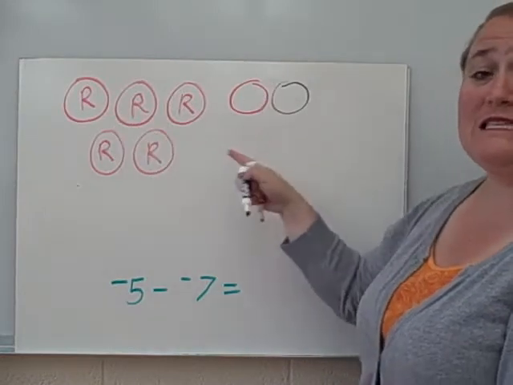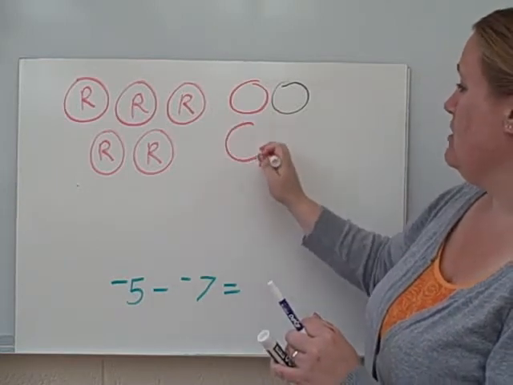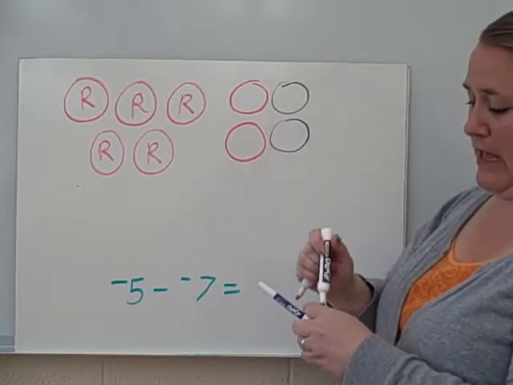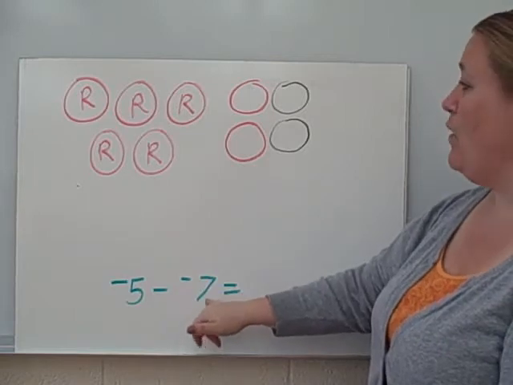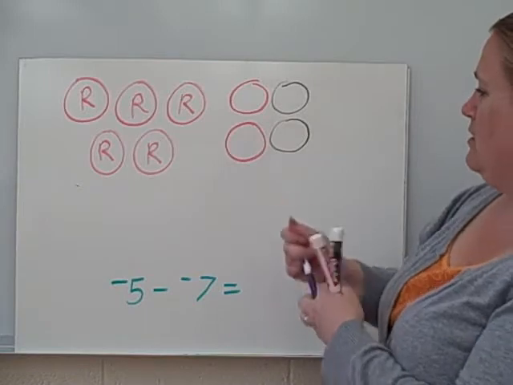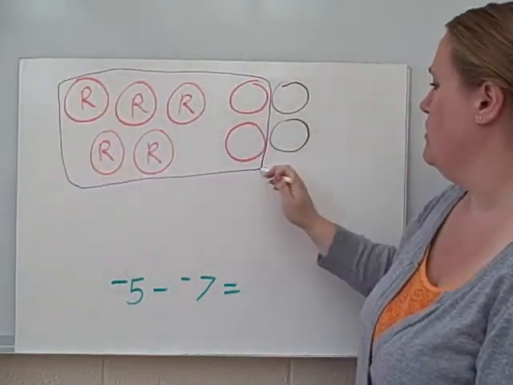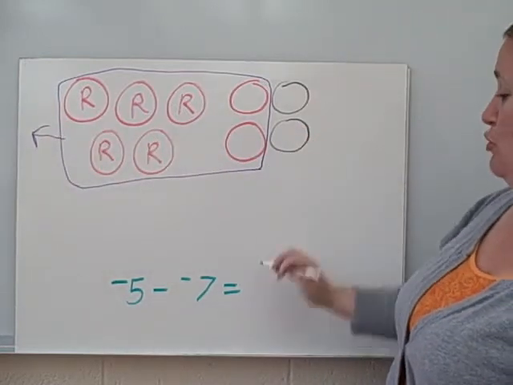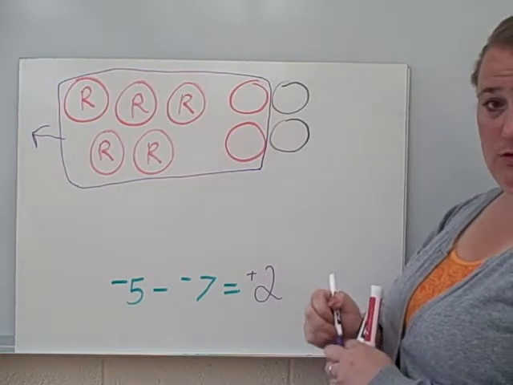I now have 6 reds that I can take away, so I need to add another zero pair. And now I can take the 7 negatives away. 1, 2, 3, 4, 5, 6, 7. And that leaves me with 2 positives. So positive 2.